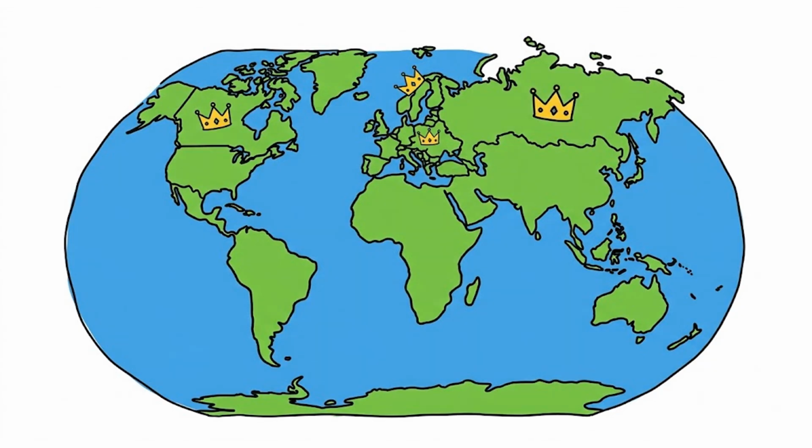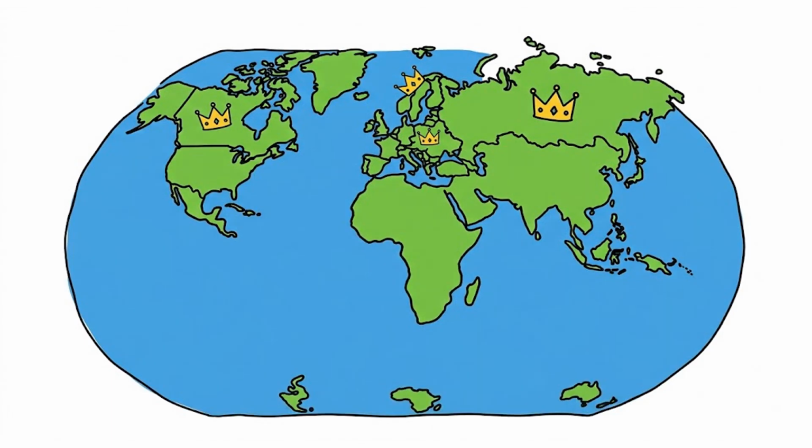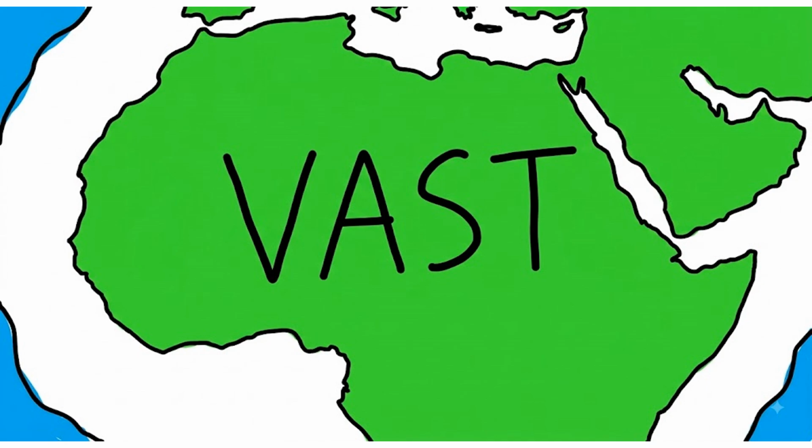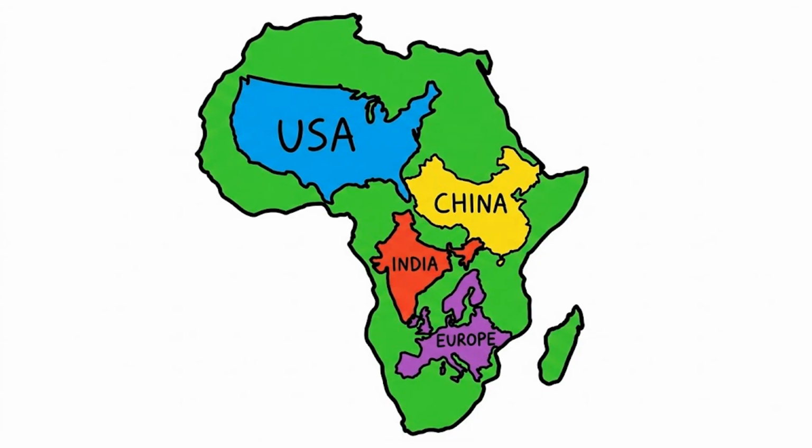So the map systematically makes the wealthy, historically powerful nations of the North look far larger and more dominant than they actually are, while shrinking the enormous continents of the global South into something that looks smaller and lesser. Africa, in reality, is staggeringly vast. You could fit the United States, China, India, and most of Europe inside the outline of Africa, all at once, with room to spare.